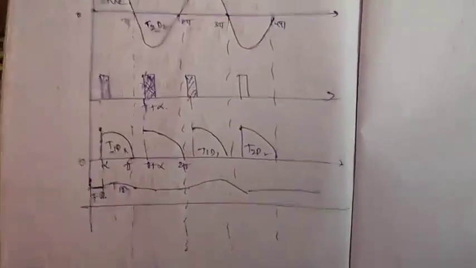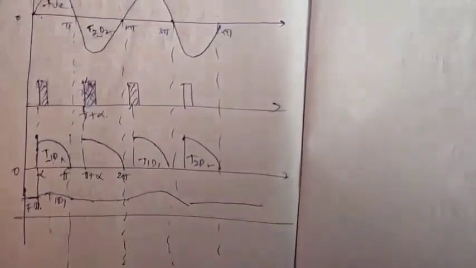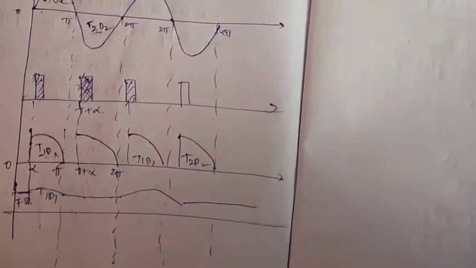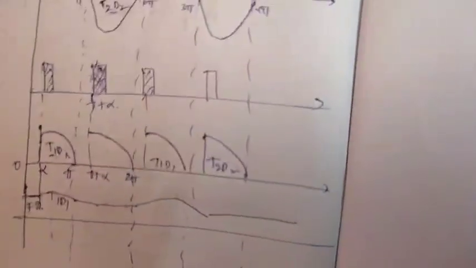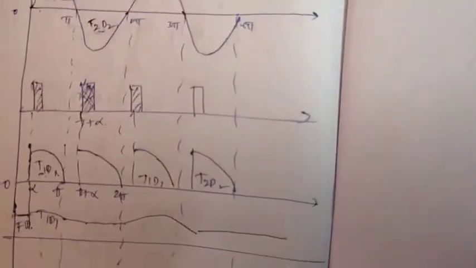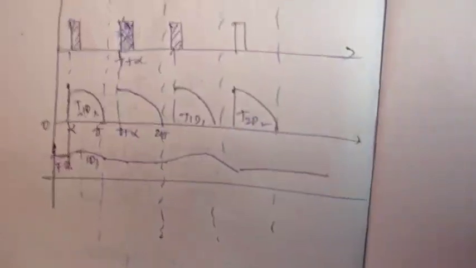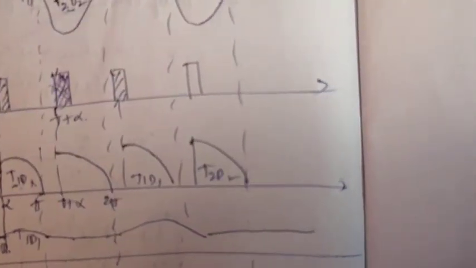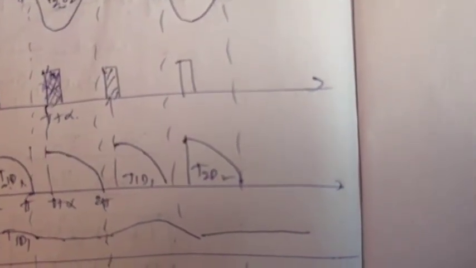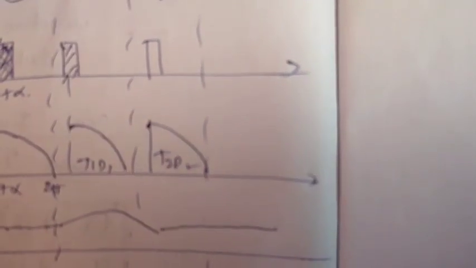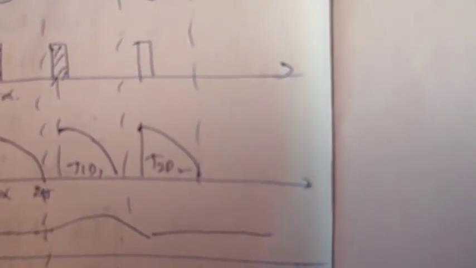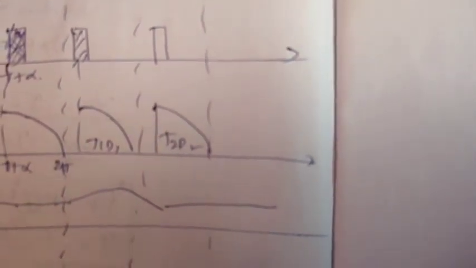Here we can also derive the formulas for the average value and torque equations. In the VI characteristics, there is positive voltage and positive current only.